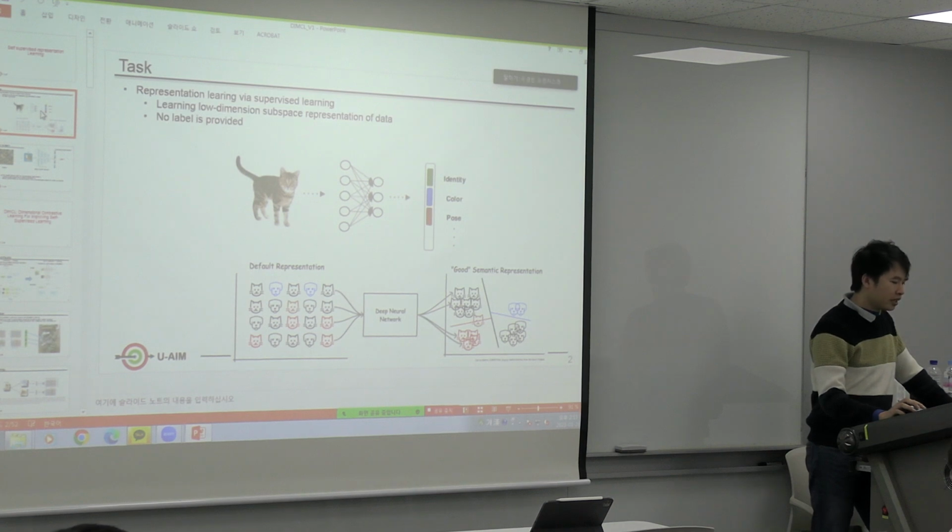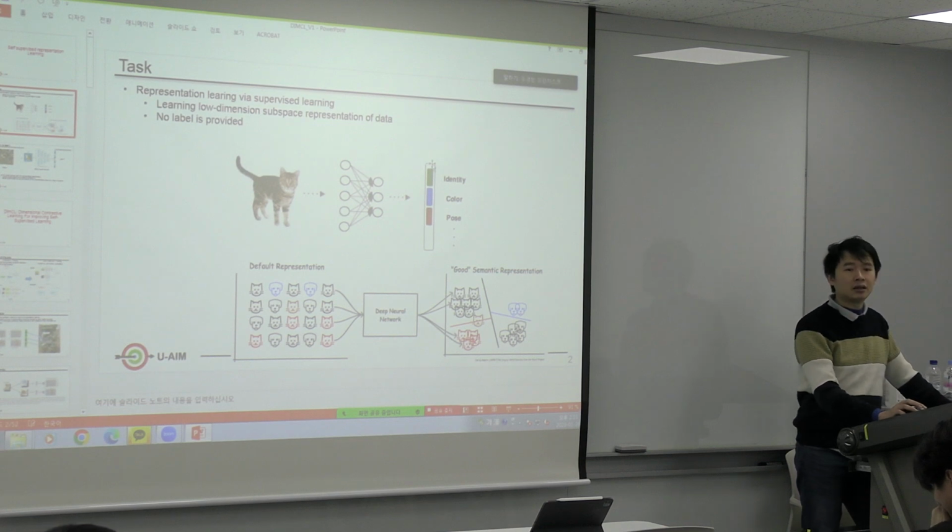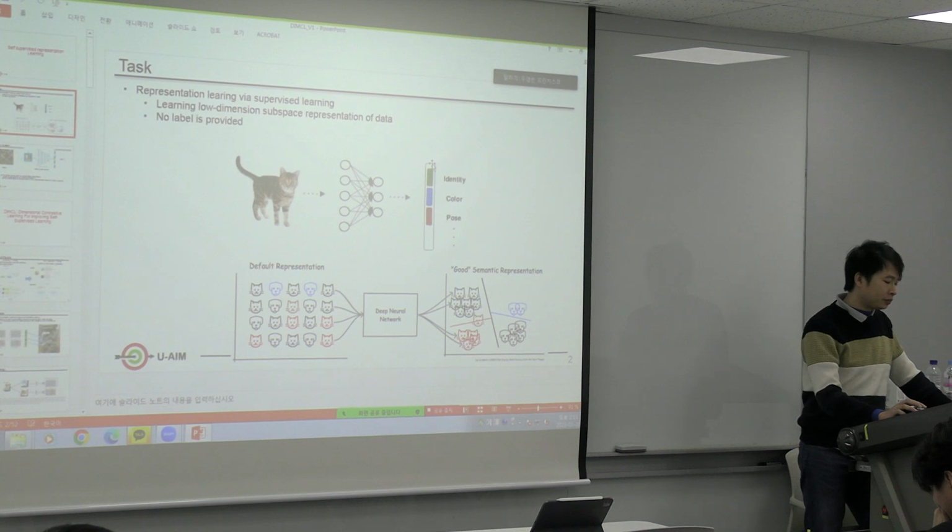So what is representation learning? Representation learning is basically learning a feature vector that best describes our input, maybe an image. Given an image, using a neural network, we can extract the essential information contained in the feature vector.